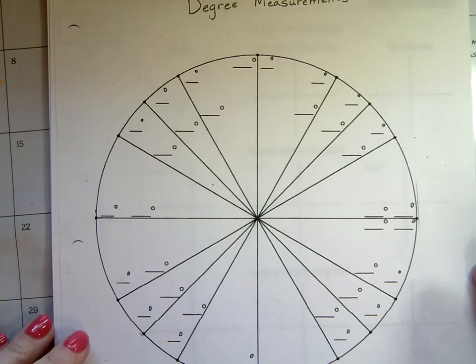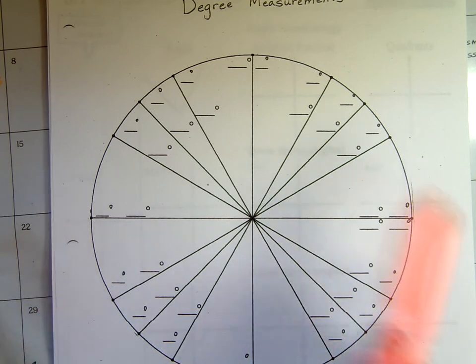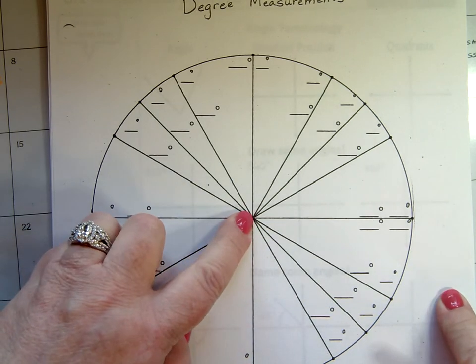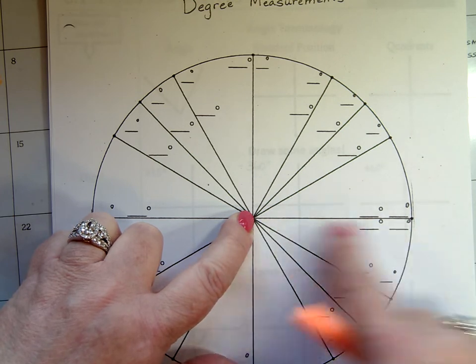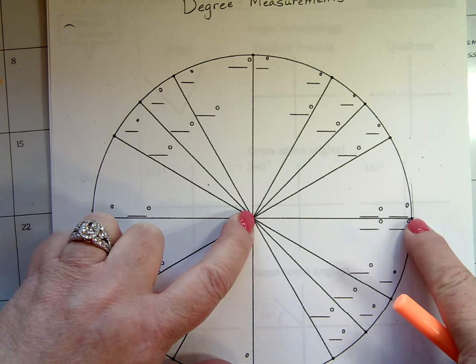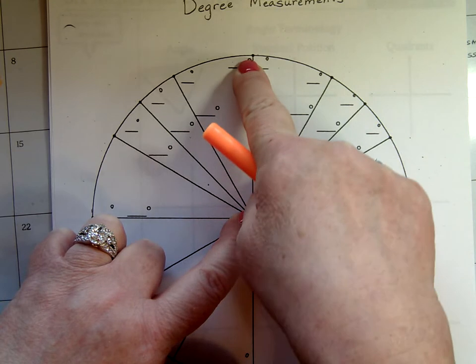So this is going to be our reference sheet for the unit circle. It's called a unit circle because this is the origin right here in the middle, 0, 0, and this circle has a radius of 1. So if I look at the coordinates, this would be at 1, 0. This one would be at 0, 1.